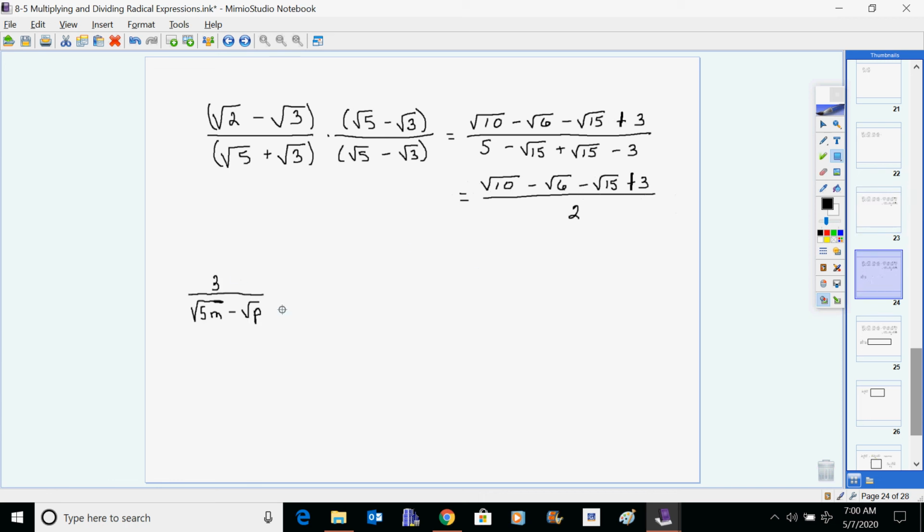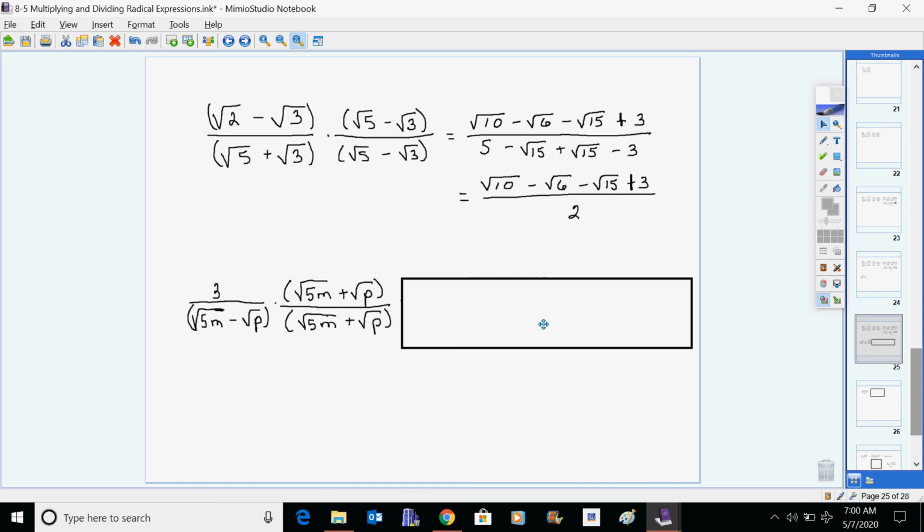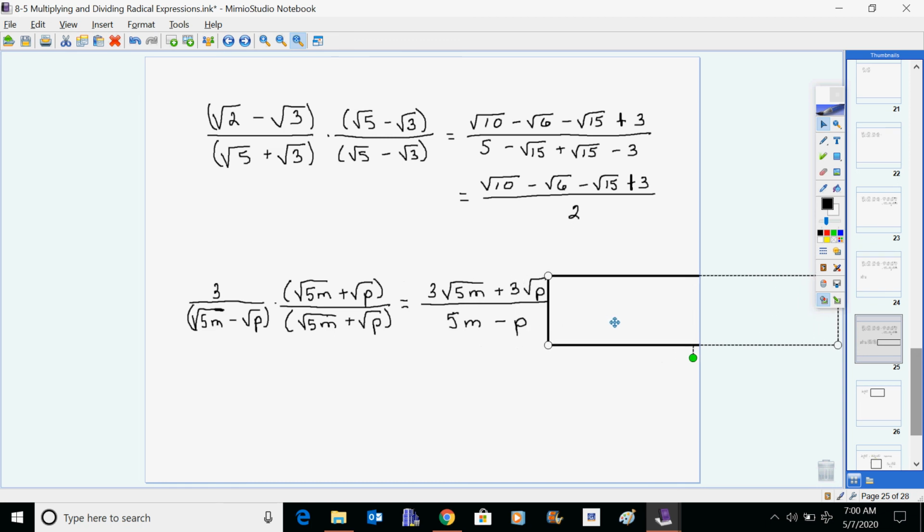Okay. This one, look at your denominator. Determine the conjugate. Change the minus into a plus. Distribute your numerator and your denominator. Aha, this time I didn't write it, did I?